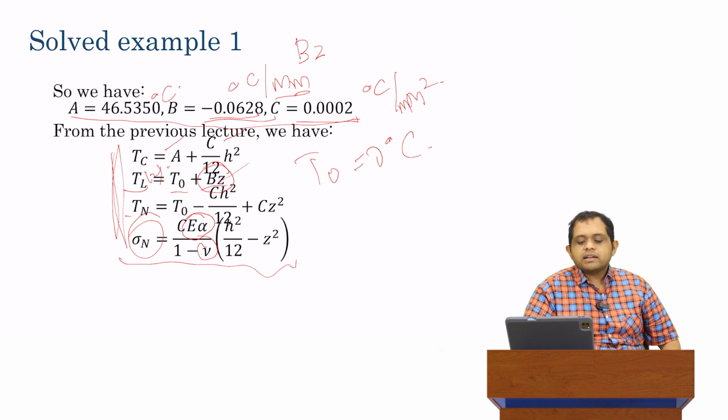And then we have Tn is equal to T naught minus CH square by 12 plus CZ square. So you'll notice T naught is a constant, CH square over 12 is a constant, CZ square is a quadratic term. So Tn happens to be a quadratic term. And then sigma n, which is what we're going to use to calculate our eigenstresses, is Ce alpha over 1 minus nu, all of that is a constant, into h square over 12, which is a constant, minus z square, which is a quadratic term.